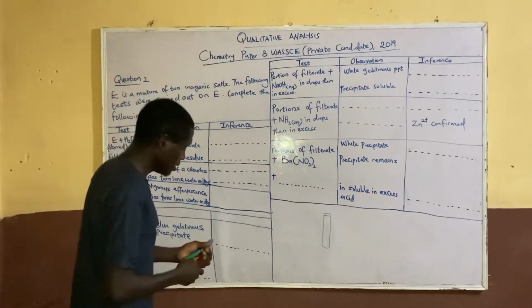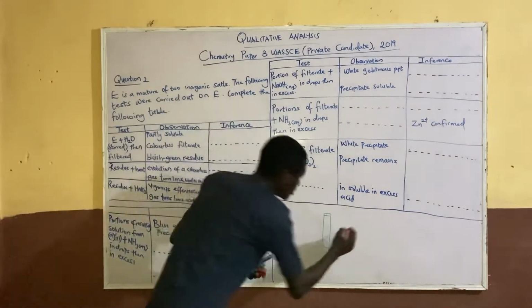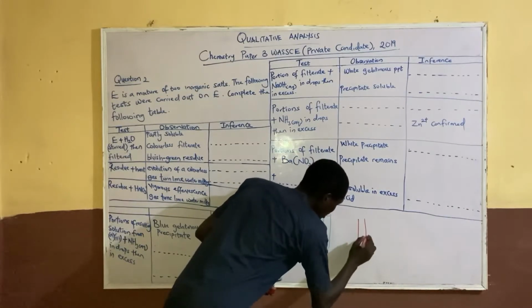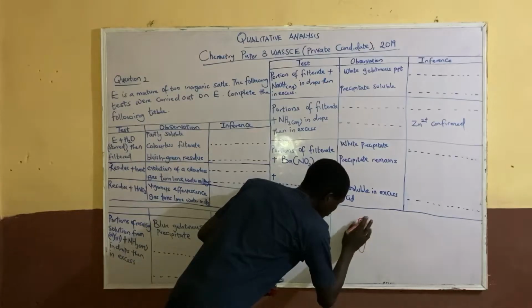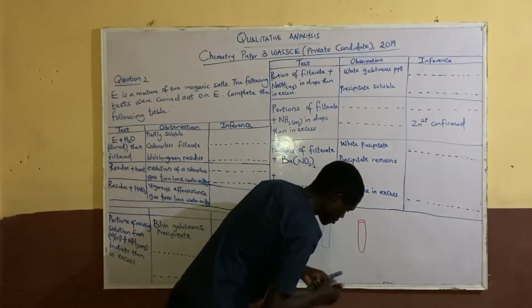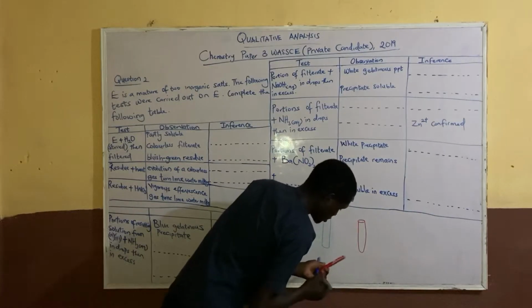Now, if that be the case, let's use a red marker to draw our test tube. So this is our test tube, and E is a sample salt.